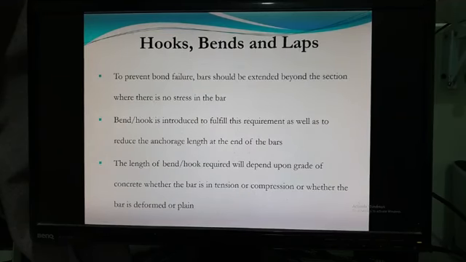By doing these bends, it will help the reinforcement to attach to the concrete. It also reduces the anchorage length at the end of the bars, and the length of bend or hook required will depend upon the grade of concrete. Obviously, the grade of concrete will affect the type of bend or hook being produced.